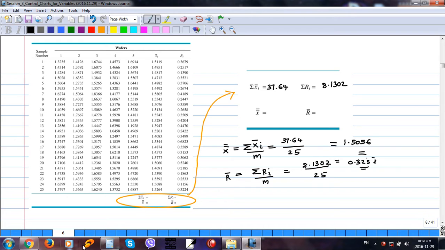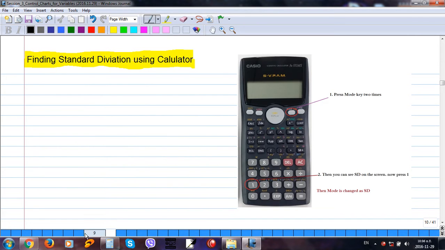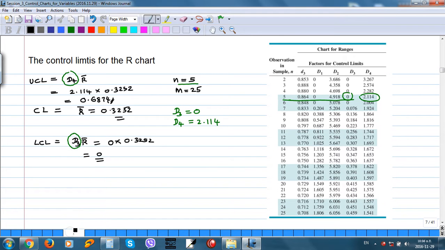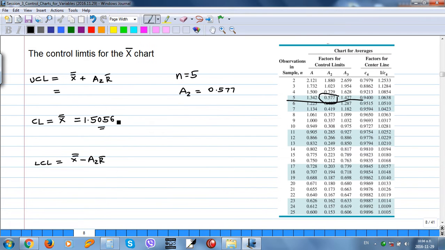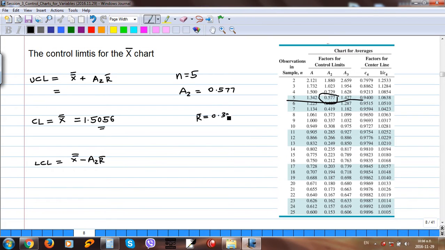Now x double bar we found as 1.5056, and R bar we found as 0.3252.